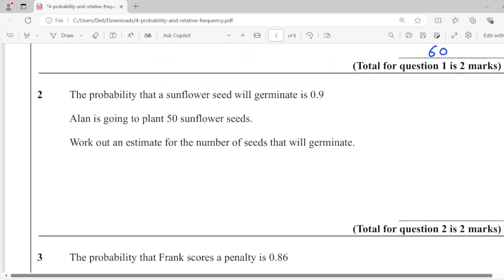Question 2. The probability that a sunflower seed will germinate is 0.9. Ellen is going to plant 550 sunflower seeds.